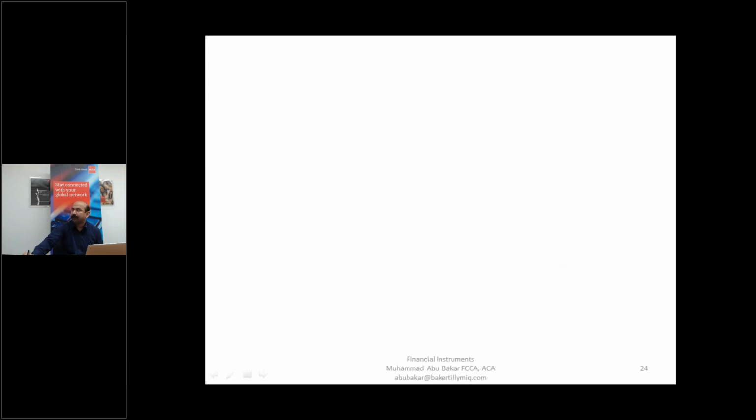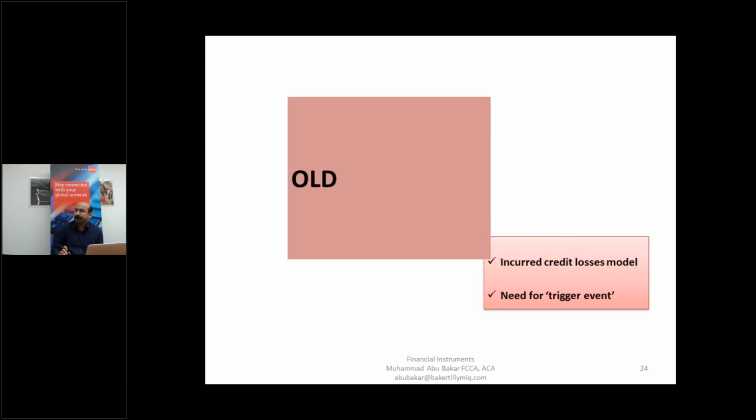Okay. So this old approach is basically based on these two factors. It assumed that all loans would be repaid until there was evidence to the contrary, that is, until the occurrence of an event that triggers an impairment indicator.